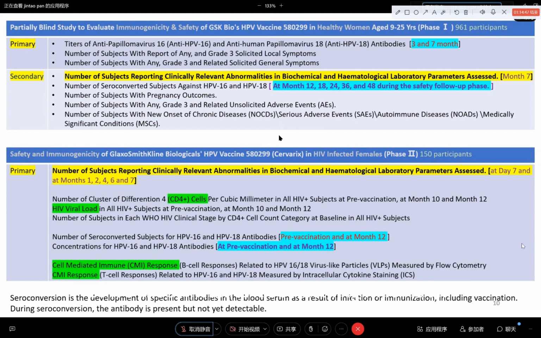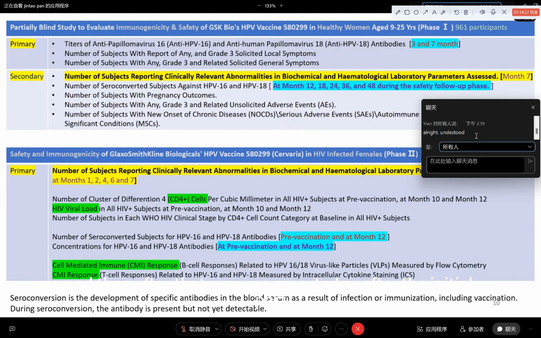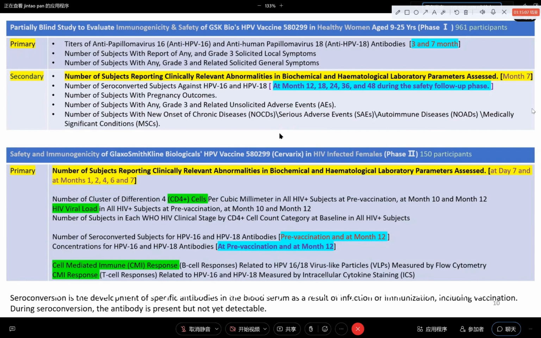Sometimes it's something the researcher or the PI, the principal investigator, didn't think about in the first place, and after the initial part they think, maybe this part we can also look into, but this is not as critical as primary. So that's why there are primary and secondary results. If you look at clinicaltrials.gov, you will always find primary and secondary results.